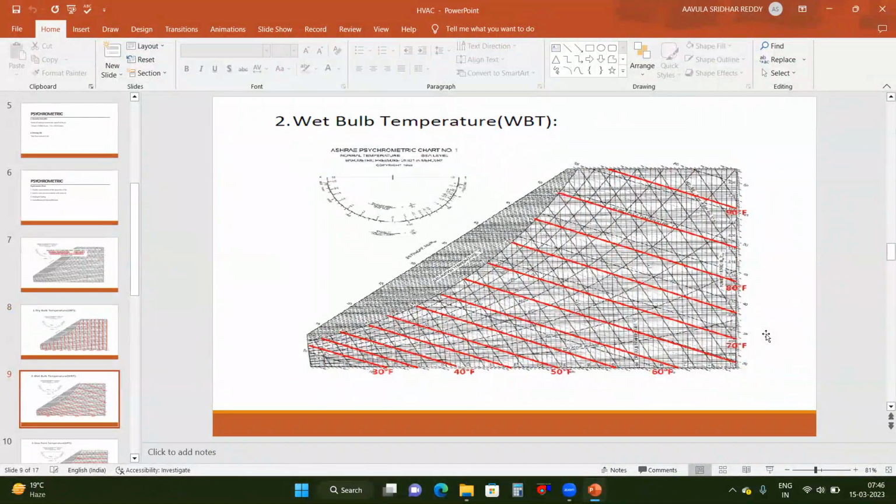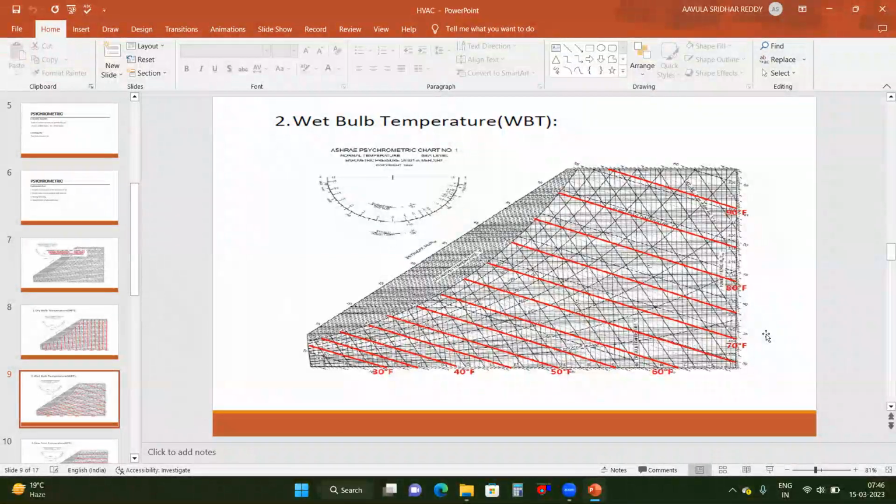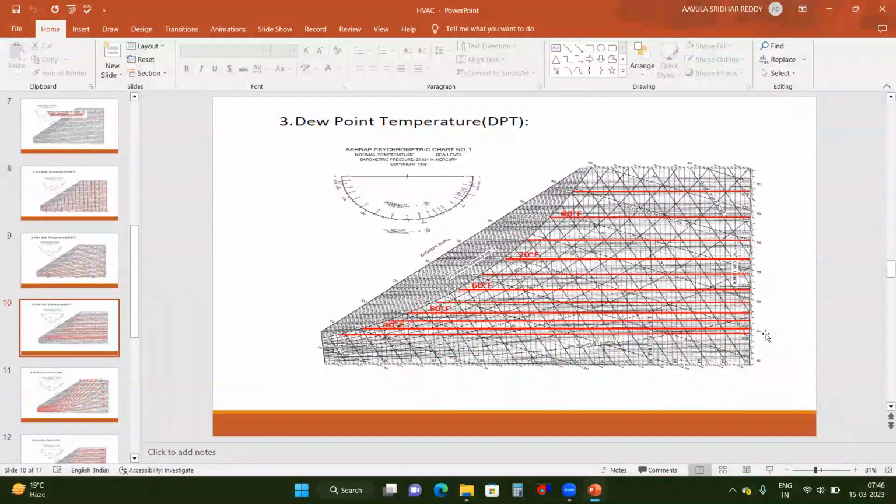This is all wet bulb lines, slanted lines. And 30 degrees, 40 degrees, till here 90 degrees is shown. And this is dew point temperature, on the horizontal lines, which indicates the dew point.